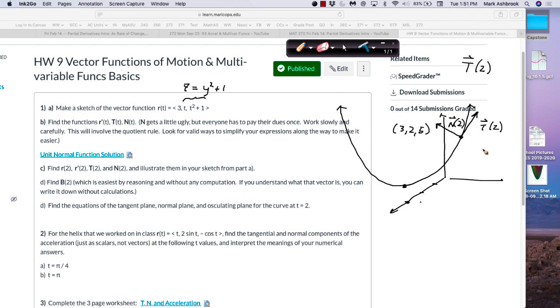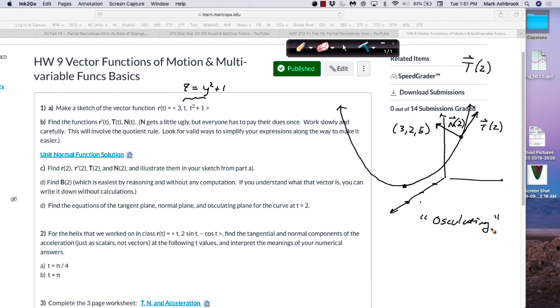Okay, so without doing the cross product of T and N, we can just write down what B is if we understand that it's orthogonal to the osculating plane. Did we talk about the osculating plane? Yeah, we did. That's the plane that the curve is in, and B is orthogonal to that.